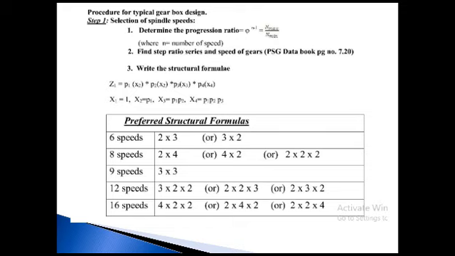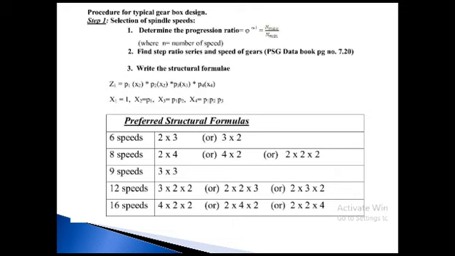There are different types of speeds provided here: 6-speed gearbox, 8-speed gearbox, 9-speed gearbox, 12-speed gearbox, and 16-speed gearbox. In a 6-speed gearbox, you can split it into the 2 into 3 concept. In the 8-speed gearbox, you can split as 2 into 4, or 4 into 2, or 2 into 2 into 2.